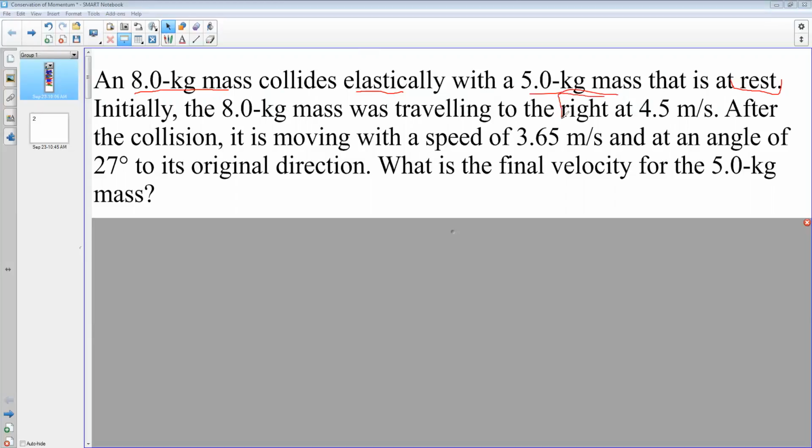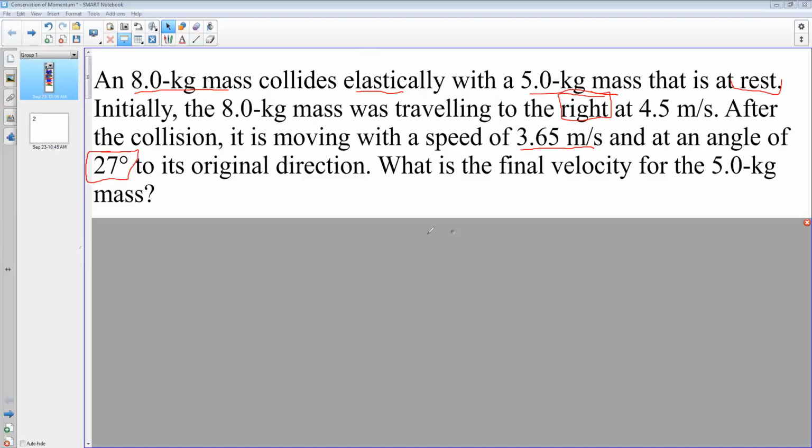Right is another essential that we need to understand because it's a direction. Momentum always has direction because of the velocity. After the collision it is moving with a speed of 3.65 meters per second at an angle of 27 degrees. So we will have to use the x and y components to figure out our direction.